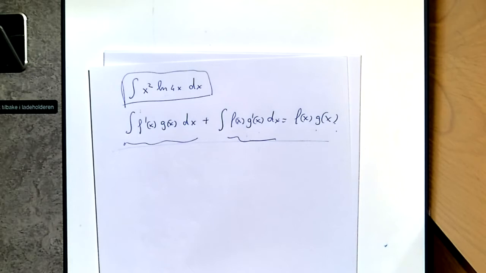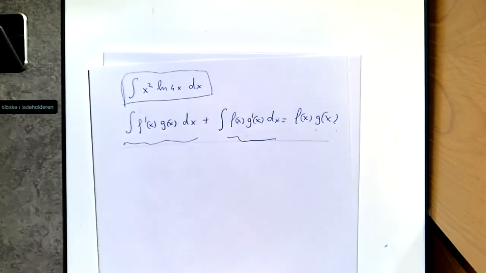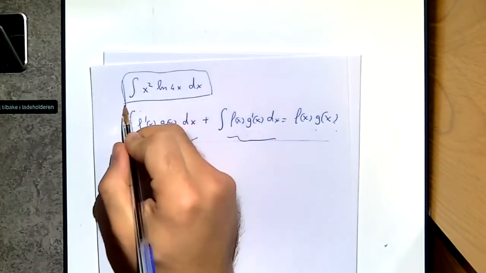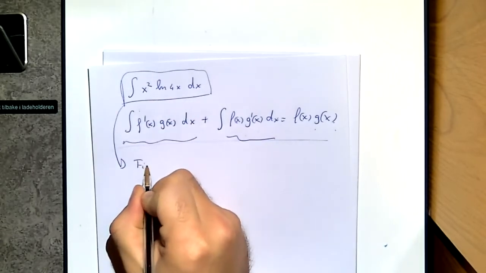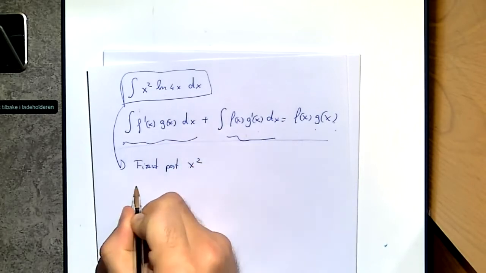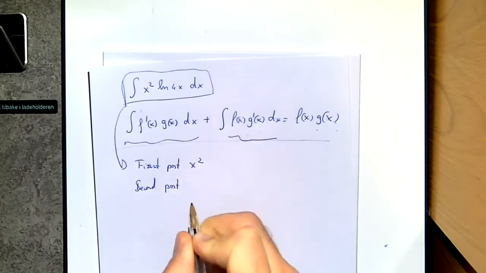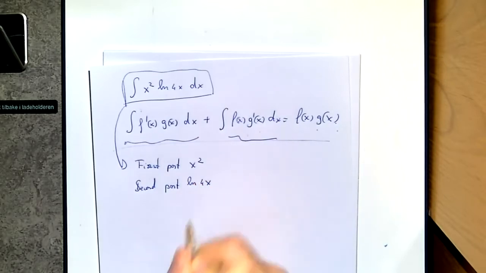Now, in some problems, it might not be obvious which one you choose, right? Let's say my integral here has first part x squared, second part log of 4x.